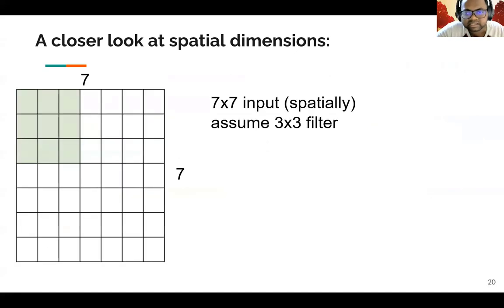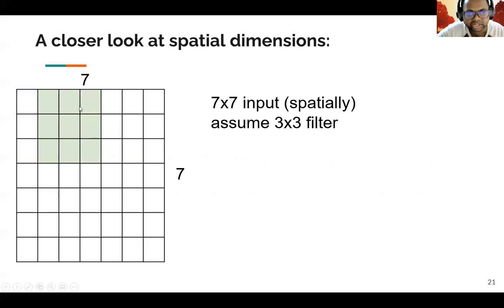So consider you have a 7 by 7 input, a 7 by 7 matrix, and you have a 3 by 3 filter, and you perform one dot product as shown, where you have a 3 by 3 matrix embedded on top of it. In this case, you get one value.